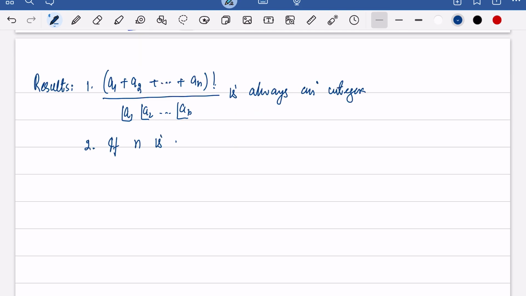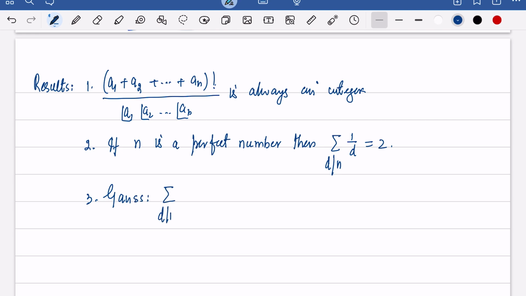Second, if n is a perfect number, then the summation over d dividing n of 1 divided by d is always equal to 2. So for a perfect number, the sum of reciprocals of divisors is equal to 2. The third one, which is given by Gauss, states that the summation over d dividing n of phi of d is equal to n.